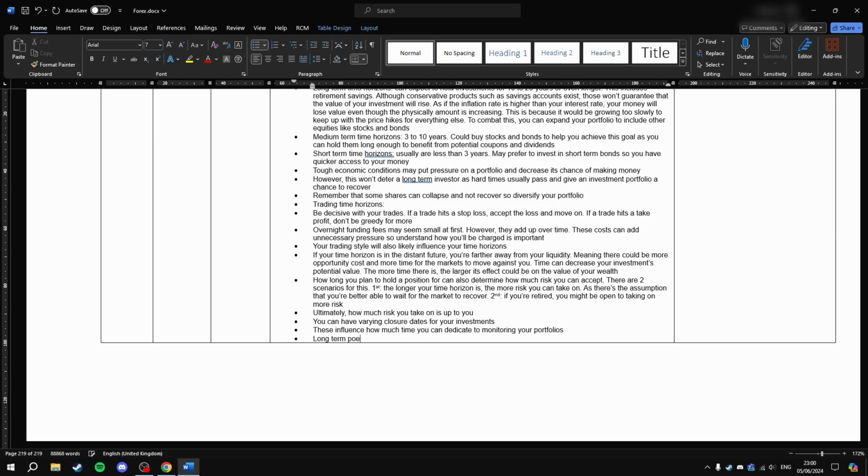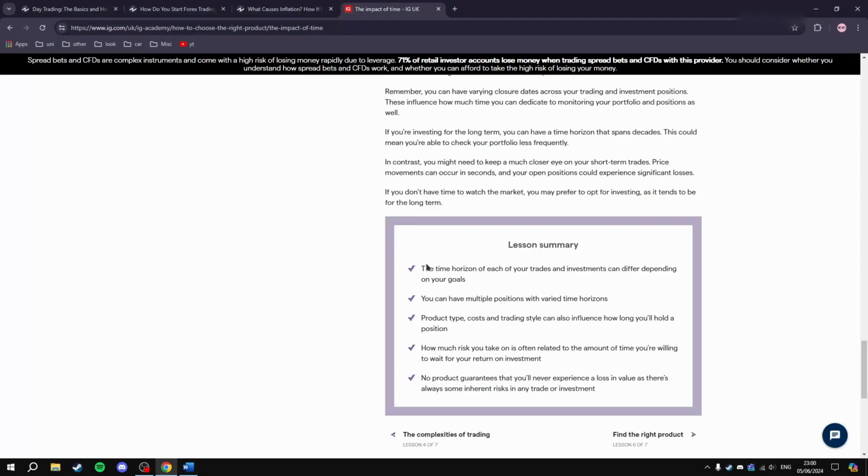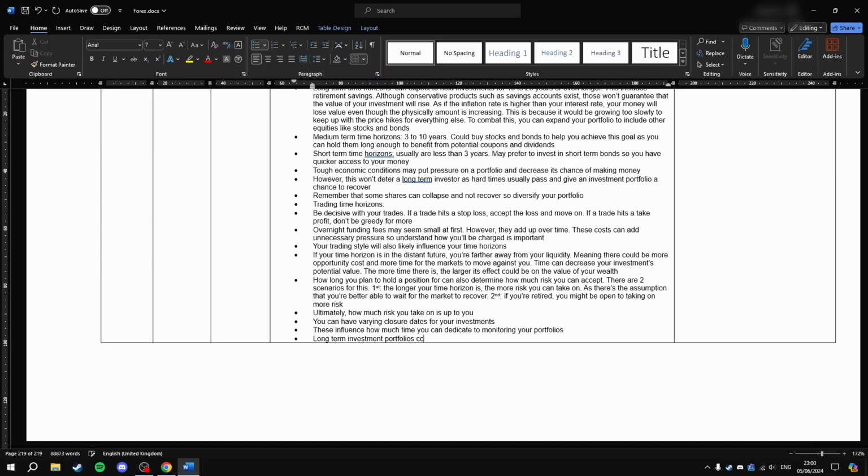Long-term investment portfolios could mean you can check your portfolio less frequently.